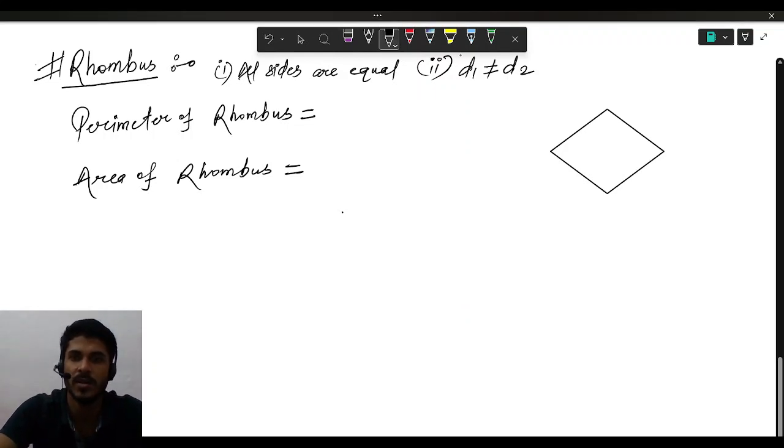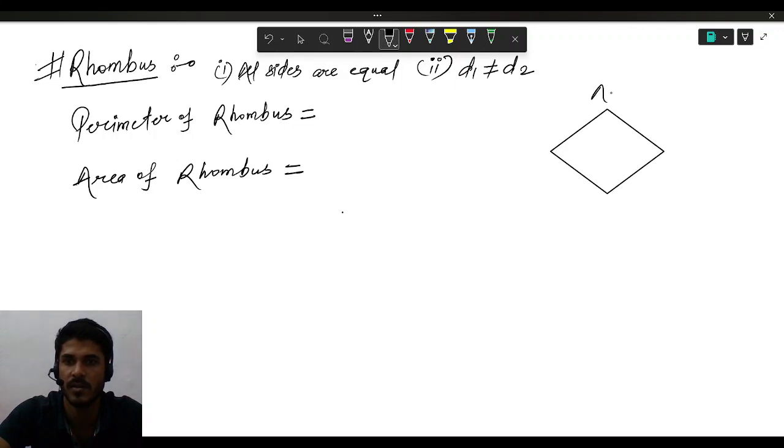So here the perimeter will be, let's suppose the rhombus is named as rhombus ABCD. Here all the four sides are equal, this side, this side, this side, and this side. Let's suppose the length of all the sides is A. So the perimeter will simply become sum of all the sides, AB plus BC plus CD plus AD.